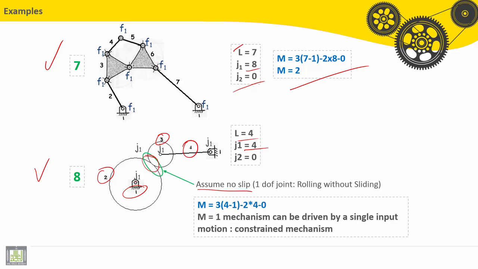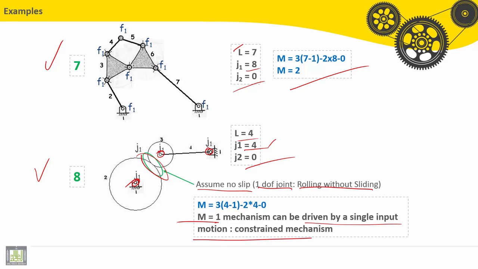Rotation here, and rotation here, 3. And in this region we have rolling without sliding, so 1 degree of freedom joint, total is 4, and no higher pair joints. So M mobility is equal 1. Mechanism can be driven by single input motion constrained mechanism.